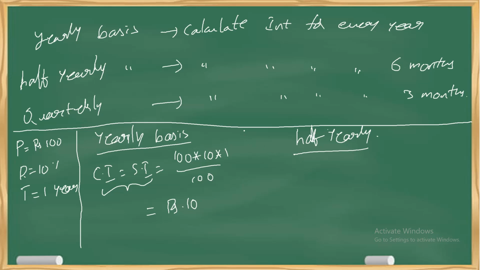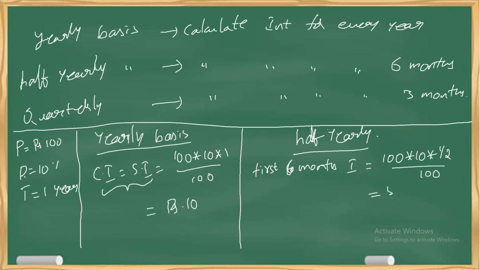Now in the half yearly basis, how do they calculate? For the first 6 months, interest is equal to 100 into 10 into half year, by 100. So how much is this? Sorry, 5 rupees only, right?